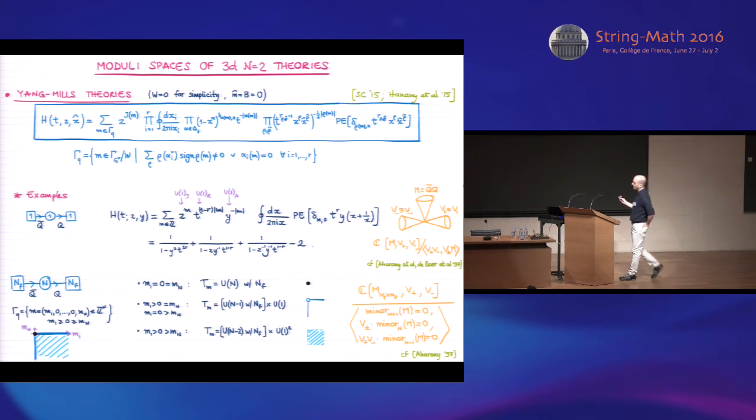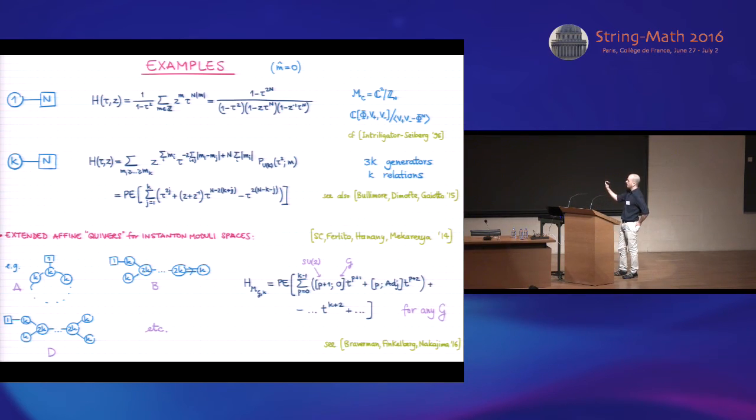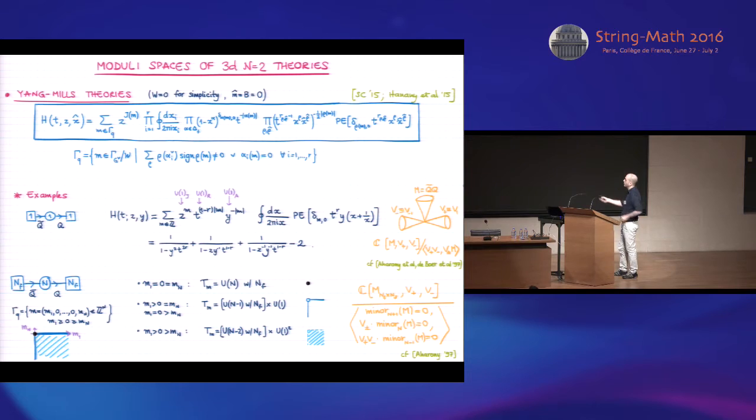An interesting difference in the context of three-dimensional N=2 theories is quantum effects, in particular instanton corrections that lift part of the Coulomb branch. And this can be implemented in the Hilbert series by summing over a sublattice that can be determined just by physical considerations.